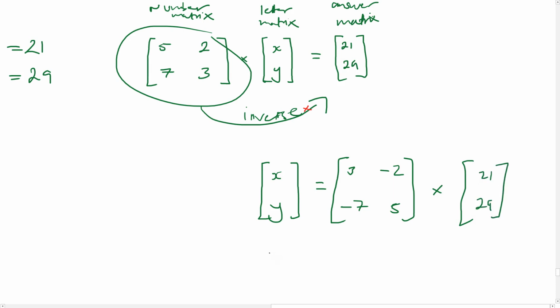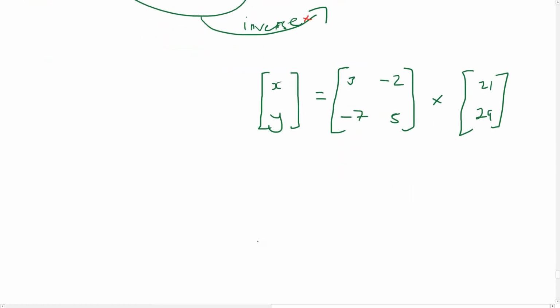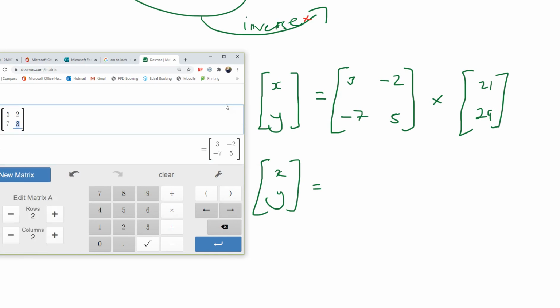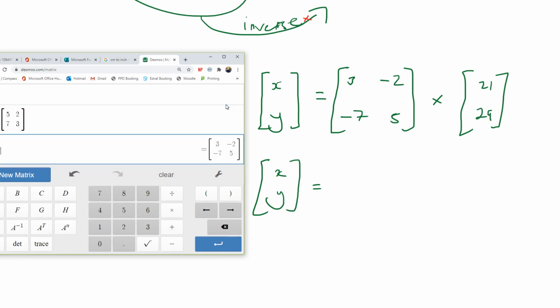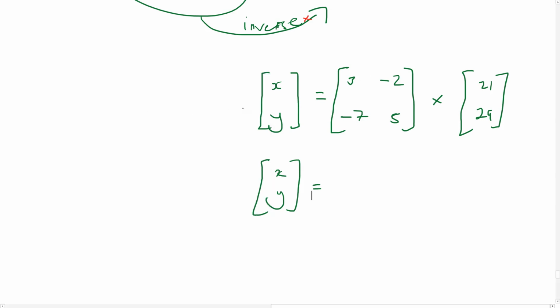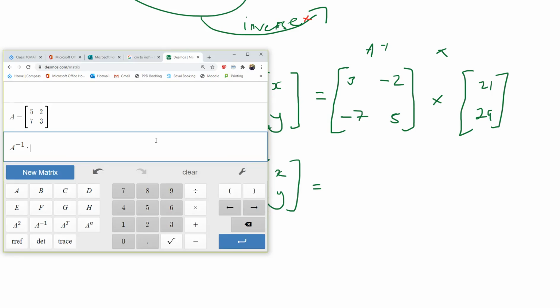Okay, so that means the x and y variables are equal to, well, let's just multiply them. I wonder if there's a short way of doing this. No, okay, there isn't. So it's going to be A inverse. Remember, this is the inverse matrix, multiplied by this matrix here.